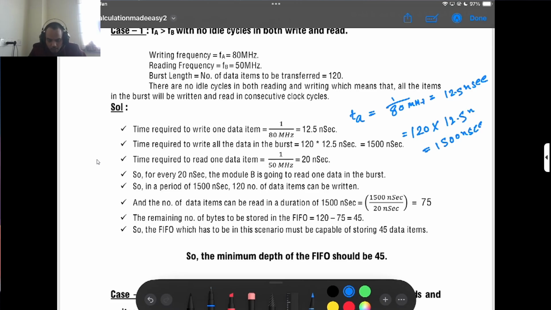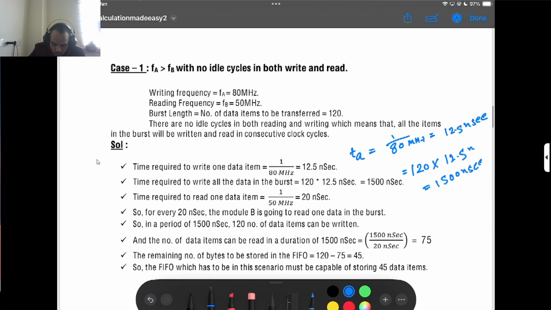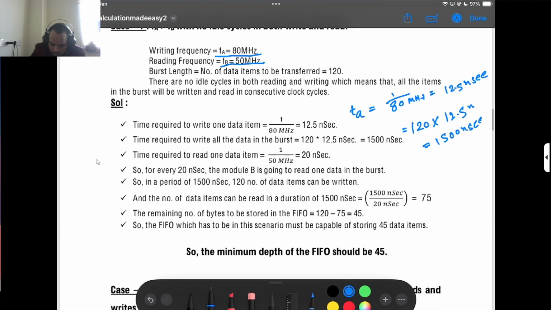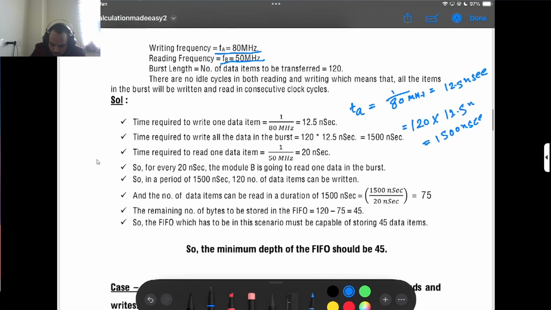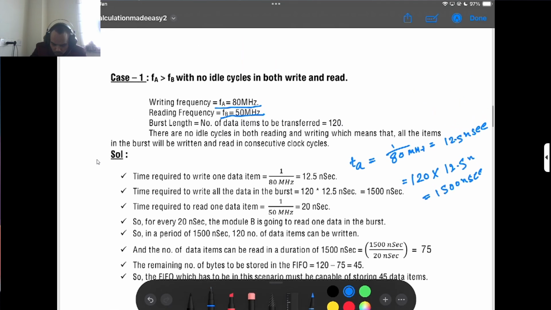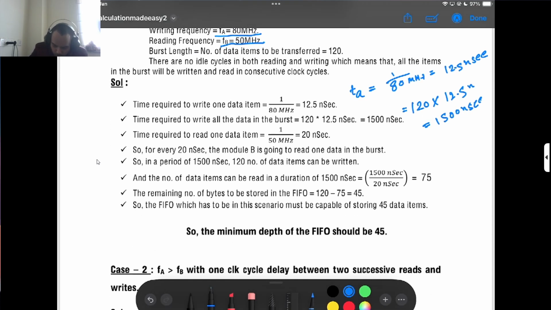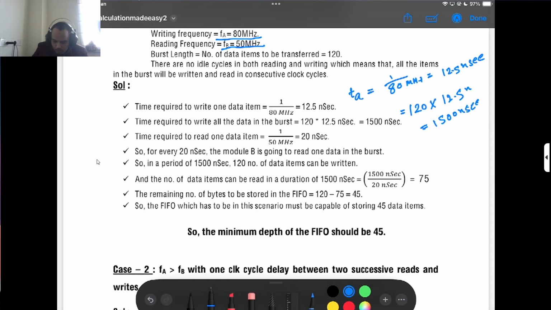The time required to read one data item is 1 by 50 megahertz, that is 20 nanoseconds.